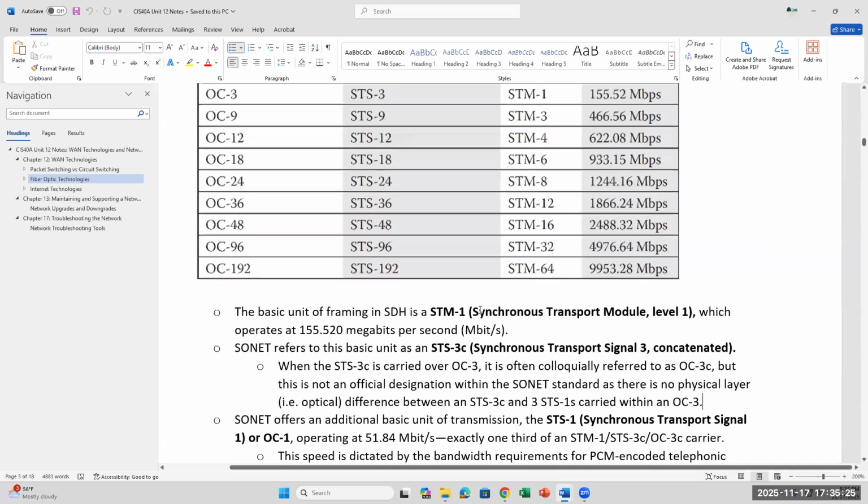Just like what we learned about the OC, when you're looking at the number right here, it's a multiplier of the STM1, so it's 3 times. That means it's still piggybacking on the standard. And then it talks about how it's not designated to a standard for the physical layer.